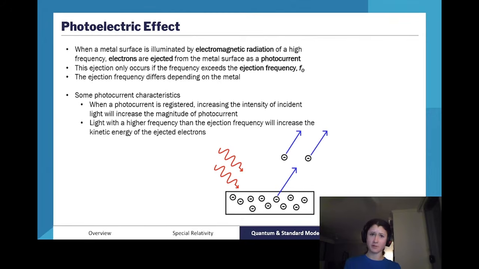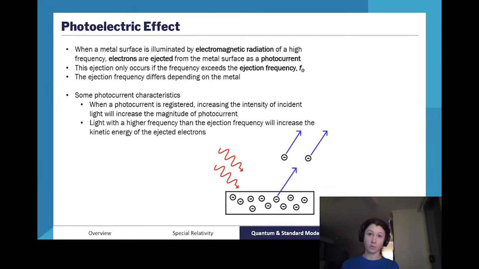Increasing the frequency increases how much energy those electrons have. So, you can have a low intensity light with a high frequency that will eject not very many electrons, but all of these electrons will have a lot of energy. Similarly, you can have a high intensity light with a low frequency that will eject a lot of electrons, but none of these electrons will have a lot of energy.